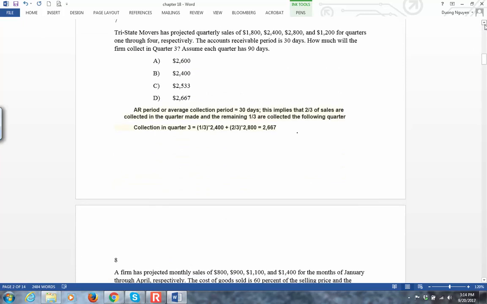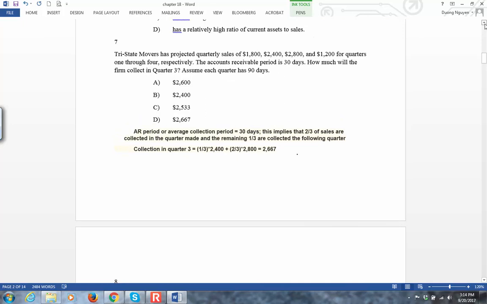Question number 7. Quarter sales of 1800, 2400, 2800, 1200 for the next 4 quarters. Account receivable period is 30 days. How much will the firm collect in quarter 3?